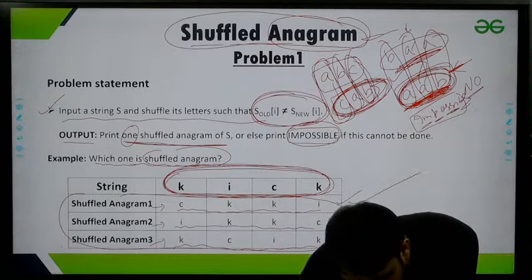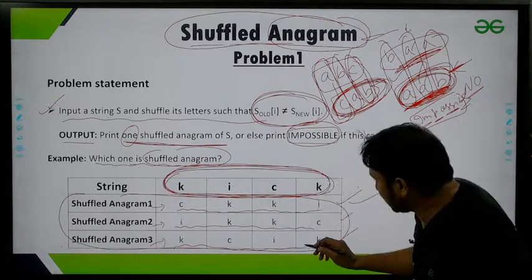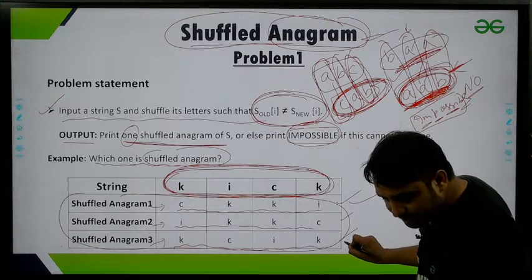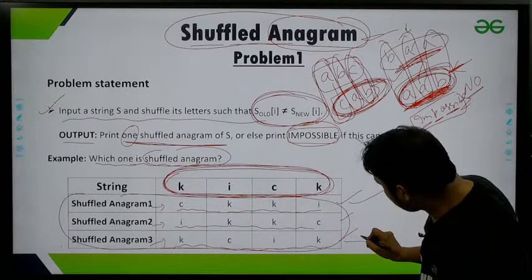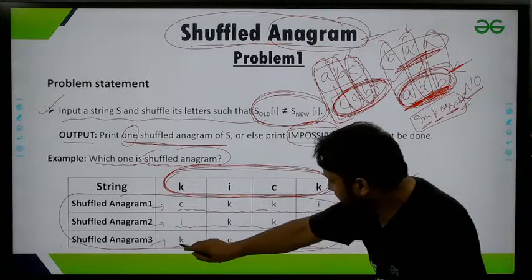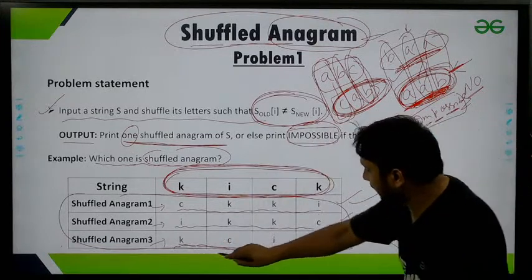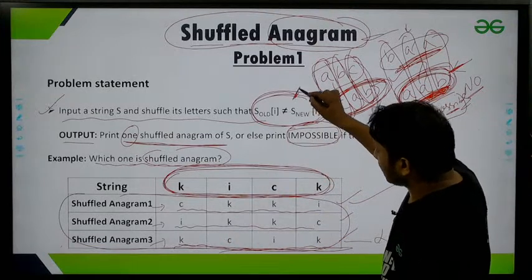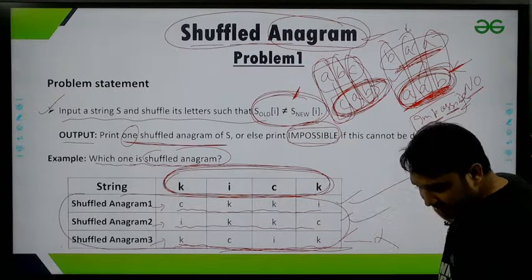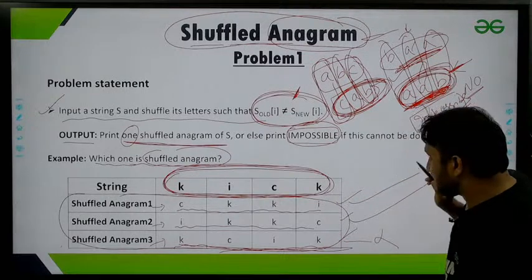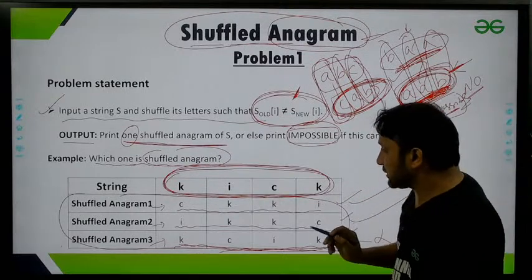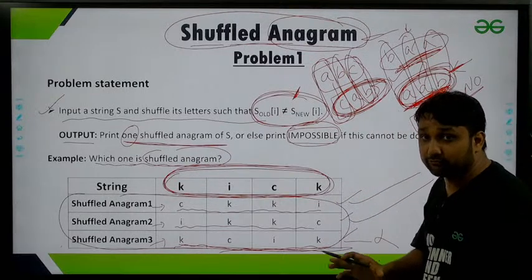And Dheeraj says the third one, but I think the third one is the wrong one. The third one is not a shuffled anagram according to this condition. Otherwise, first and second are, you are right. First and second are shuffled anagrams. Okay, so you understand the problem. What is the problem?